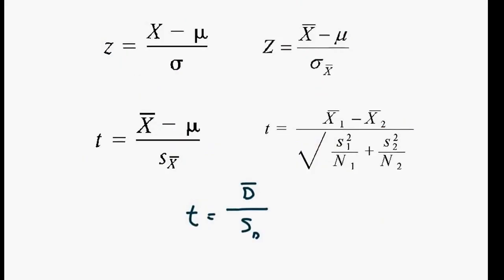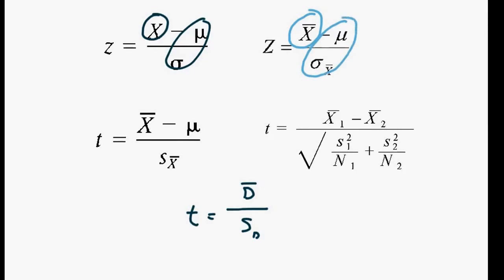So to summarize, or put a nice bow on all of these comparisons, we progressed from a z-score, where we're looking at an individual's difference from some population parameter. Then we looked at, again, a z-score, where we're looking at a sample of individuals and how that sample differed from a population of interest.